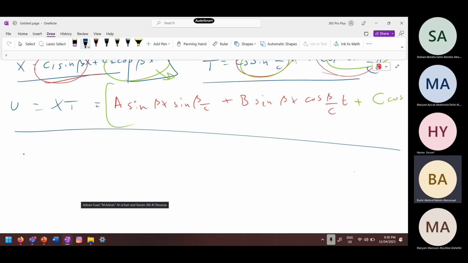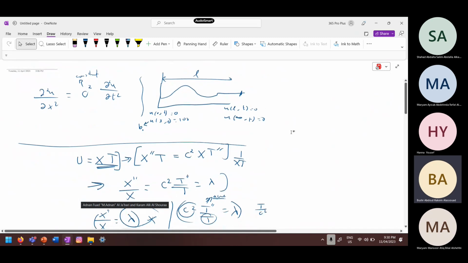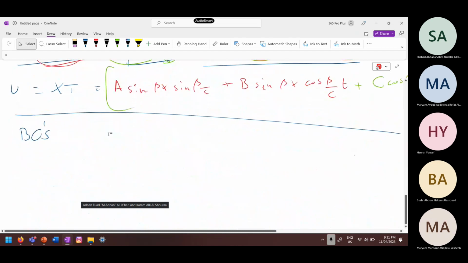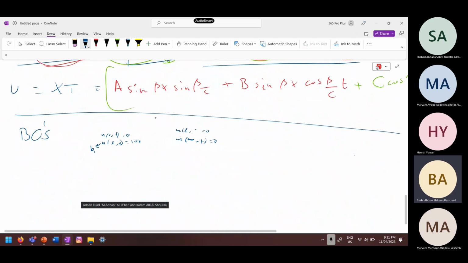Okay, applying the BCs, the boundary conditions. Again, the boundary conditions are not something for you to make up. It's given here. These are your boundary conditions.